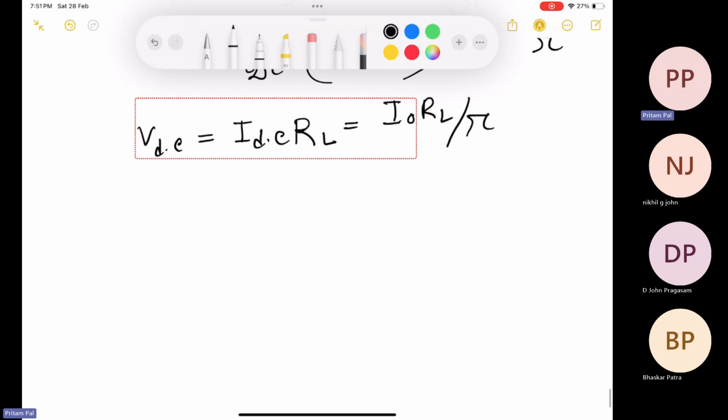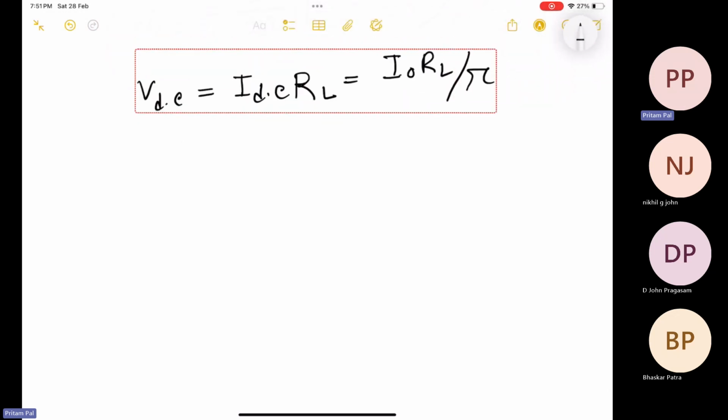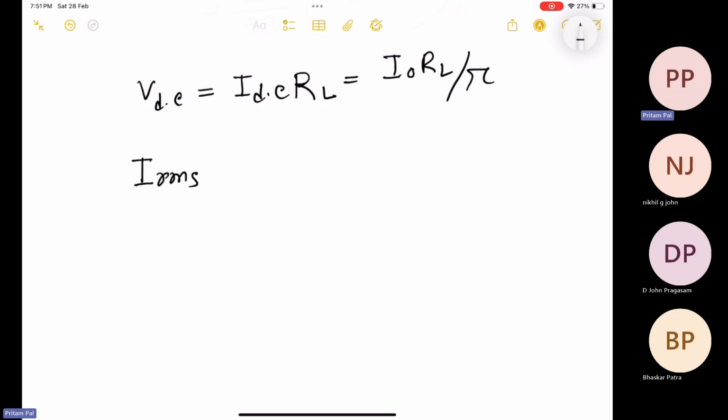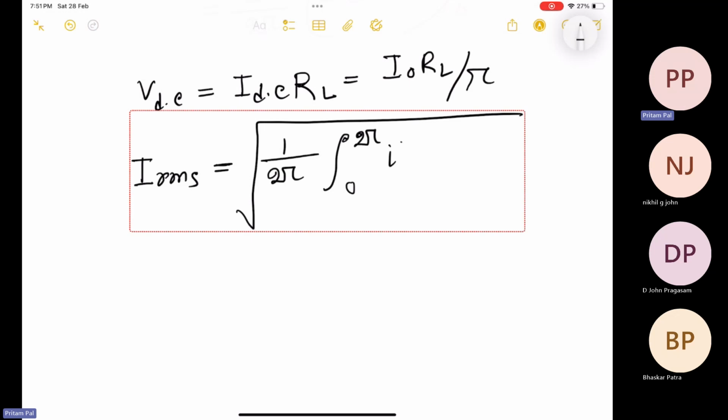Now, in the problem, once you evaluate this, you will generally be asked to find the RMS value of the current. It's the root mean square value. Basically, you take the mean of the square, I square d of omega t.